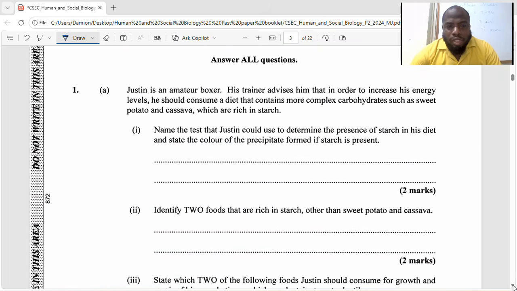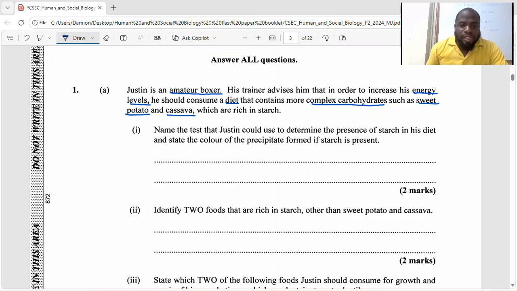So question one. Question one says Justin, who is an amateur boxer, his trainer advises him that in order to increase energy levels, he should consume a diet that contains more complex carbohydrates, such as sweet potato and cassava, which are rich in starch.